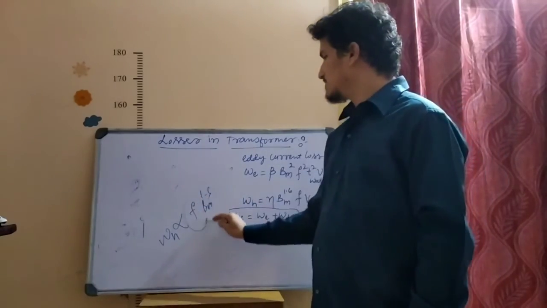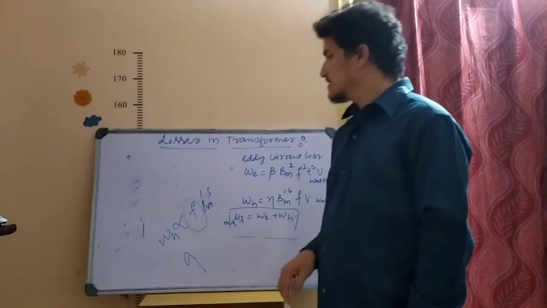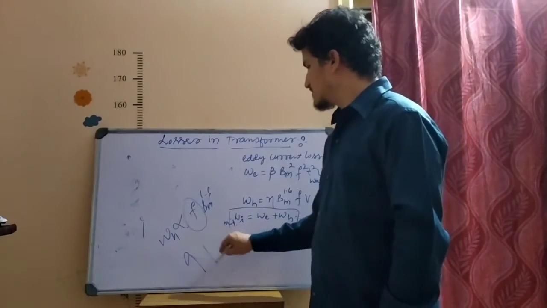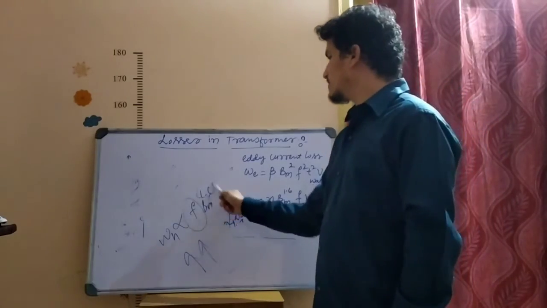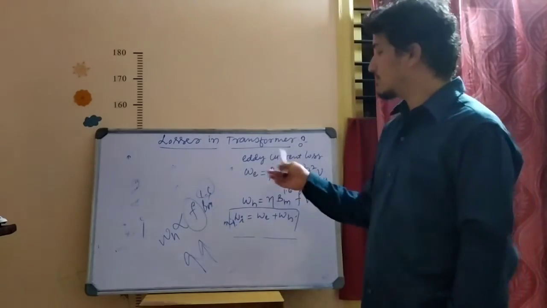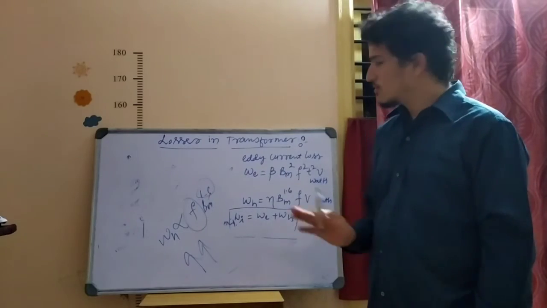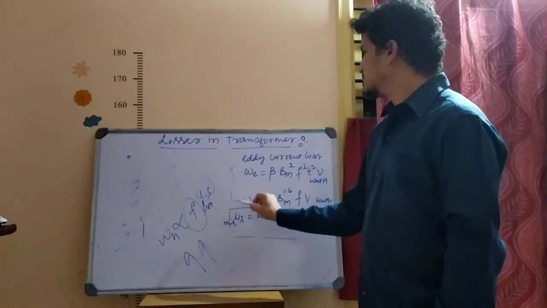So it is directly proportional to frequency. If you increase the frequency, hysteresis loss increases. If you increase the flux density, hysteresis loss increases by a factor of the power of 1.6. Just remember these two formulas.